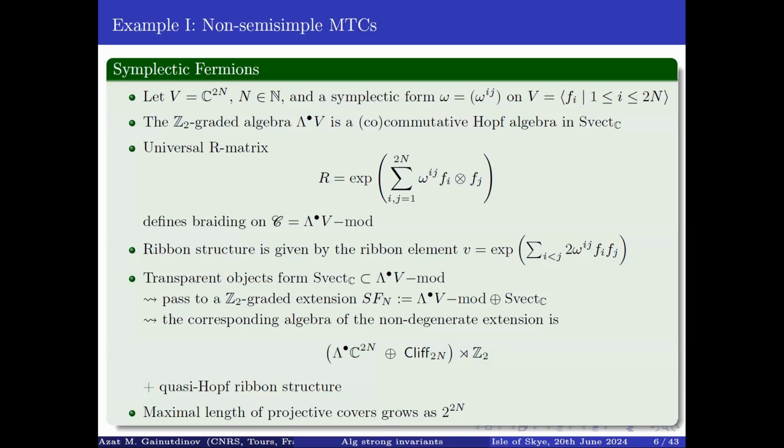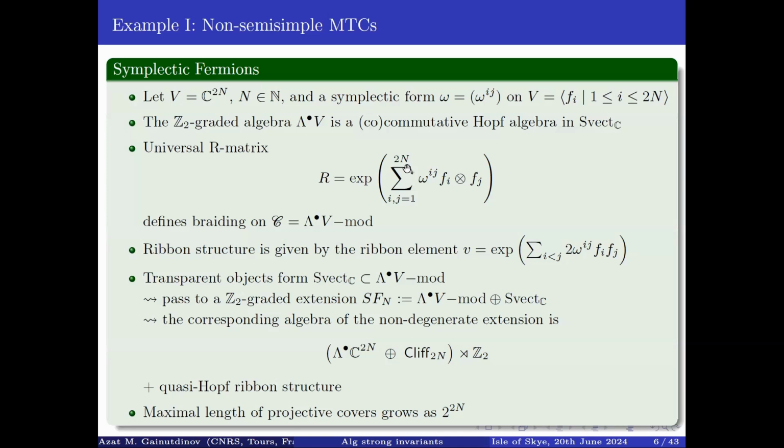But this is not an interesting braiding. So actually what you can do better, you can introduce a non-degenerate braiding. For this, you can define what we call a universal R-matrix. So it's just the exponent of my basis coupled to my fixed symplectic form.